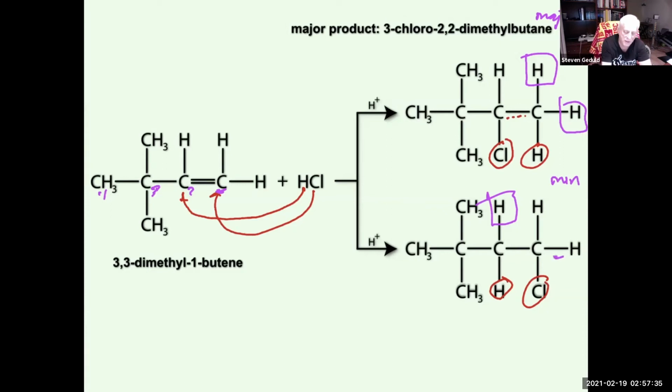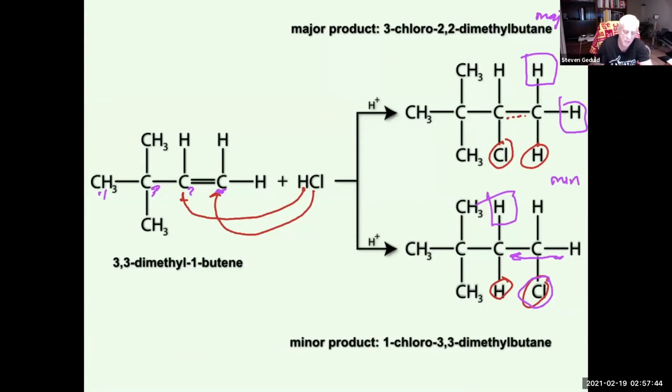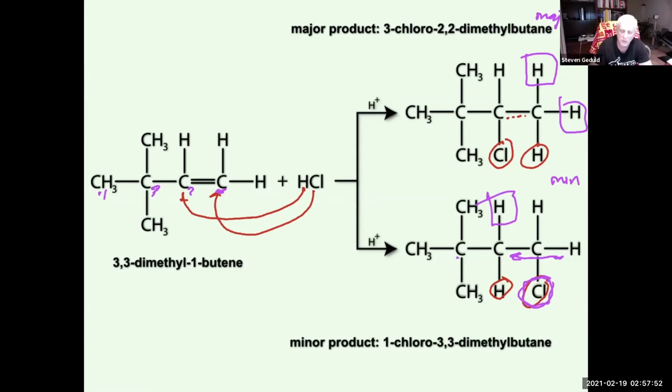We're going to number right to left now, because the chlorine gets the lowest number. So it's going to be 1-chloro 3,3-dimethyl butane as it comes across, because remember, you use the lowest number possible for your substituents. This way it would be 2. This way it's 1. So the top one you went left to right, the bottom one you're going right to left. So don't get confused with those. Remember, you always want to give that substituent the lowest possible number. And this is on number 1. Here, number 2 was the lowest possible number.